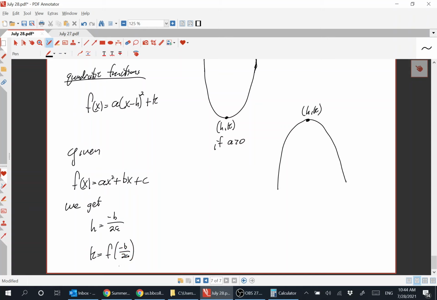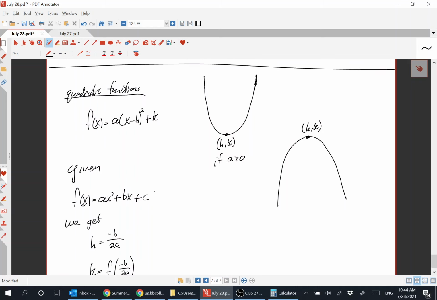So you can get from one form to the other by completing the square, or you can just use these formulae. Now when the parabola faces downward, the vertex is a maximum value for the function. And when the parabola goes upward, it's a minimum value for the function.